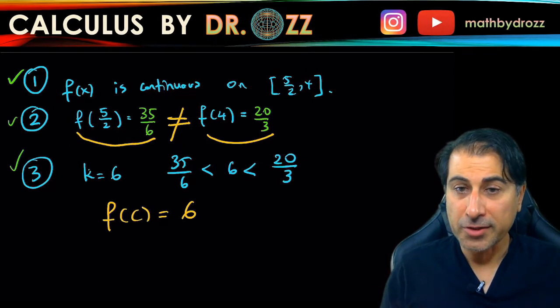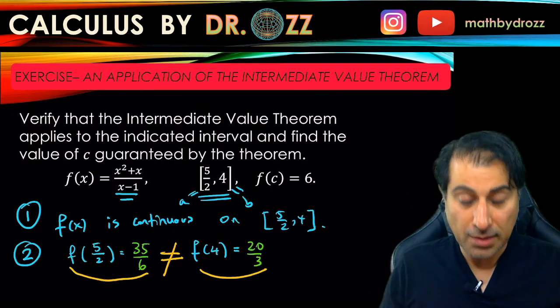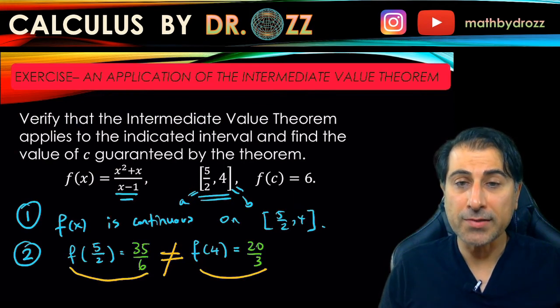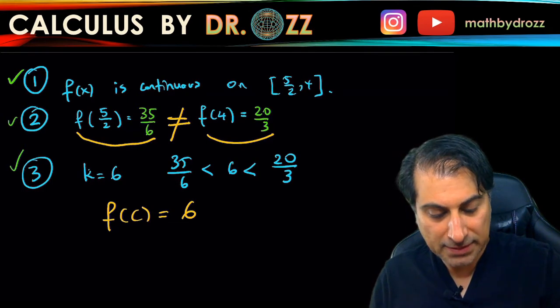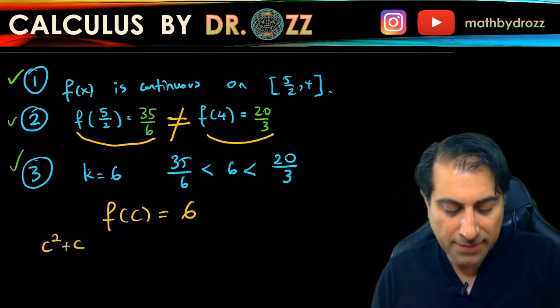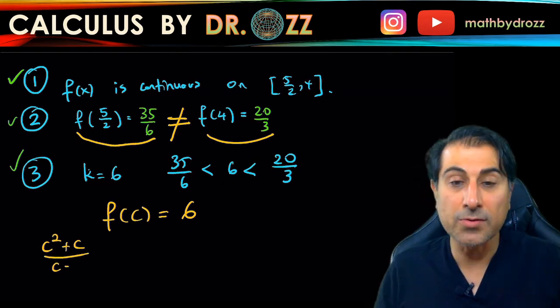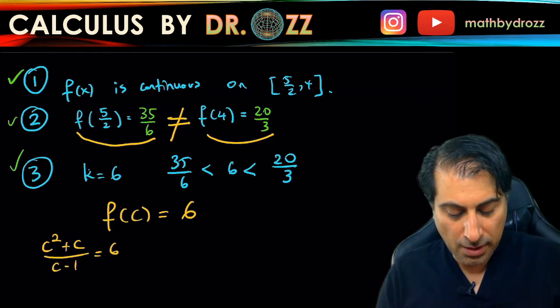We know the description of the function provided in the statement of the problem: x squared plus x divided by x minus 1. So we want f of c to be 6. Then c squared plus c divided by c minus 1 equals 6. Let's just use a little algebra.